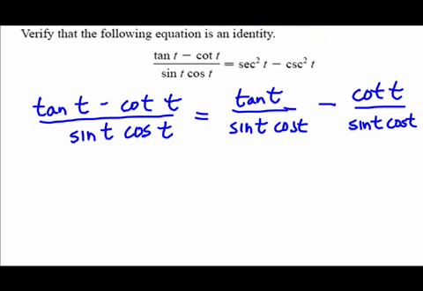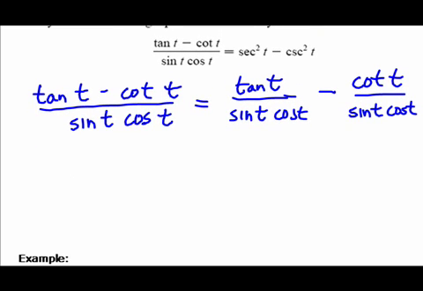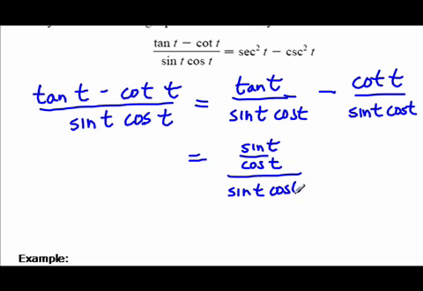Now take a look at what happens to each fraction. Tangent t is the same as sine divided by cosine. So up top, we have sine t over cosine t, all of that over sine t cosine t, minus the numerator of this fraction is cosine divided by sine.